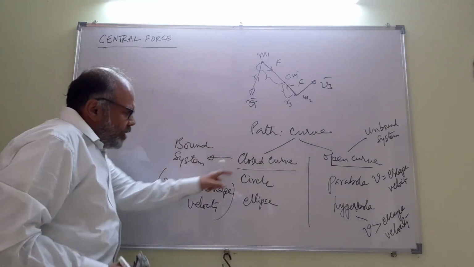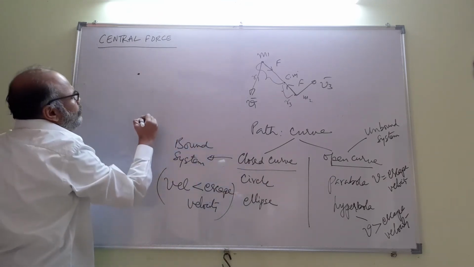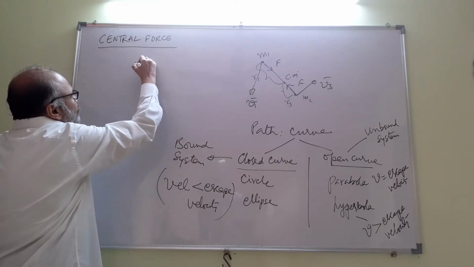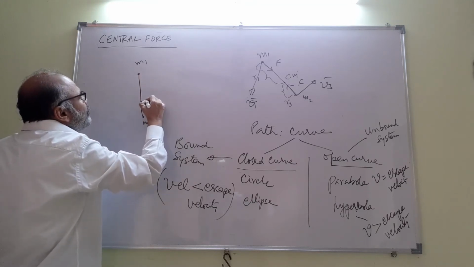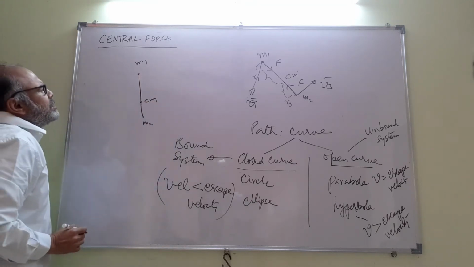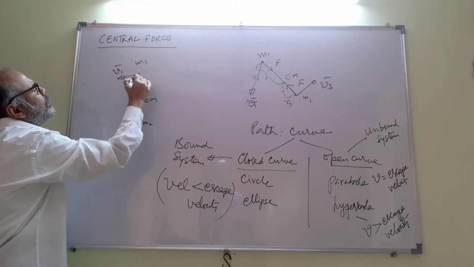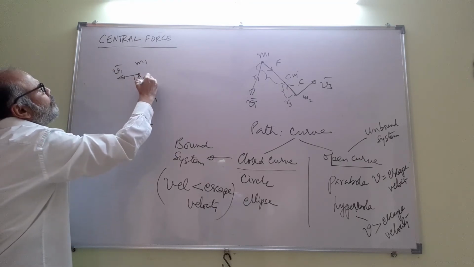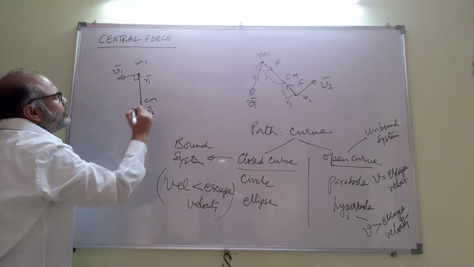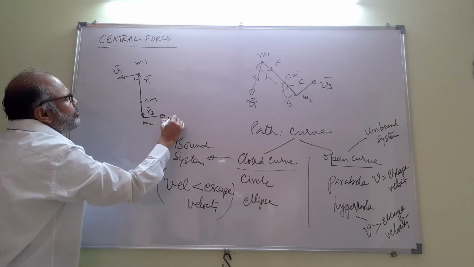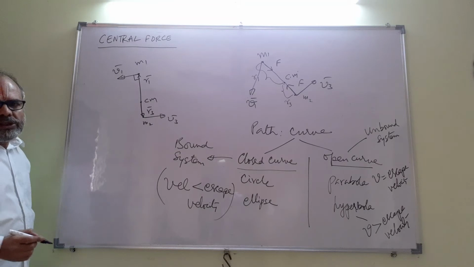Now, when is the closed curve a circle? If I have these two particles M1 and M2 here, let us say this is the center of mass, and supposing the velocities are perpendicular to the radius vector r1. If the velocities are perpendicular all the time, then the paths are going to be circular.